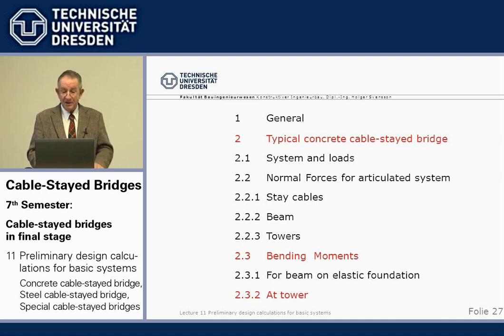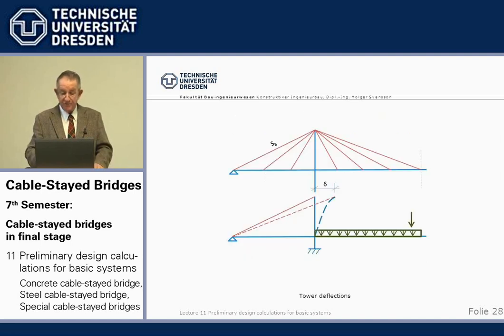Now, we come very briefly to the tower moments. I've shown you how to calculate the beam moments. The tower moments are basically governed by the deflection of the tower head from live load in the main span.